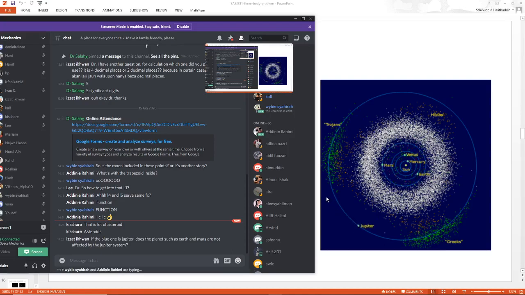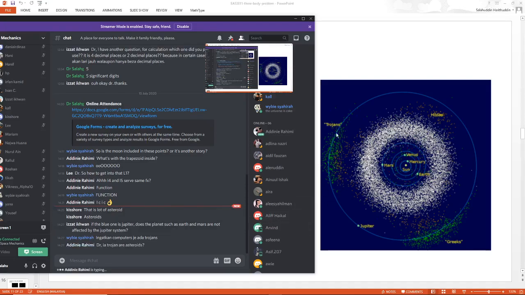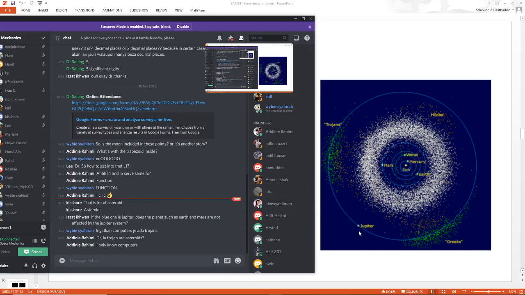When we talk about the two-body problem, we only talk about one planet and one satellite. When we talk about the three-body problem, like I said, we look at only two gravitating masses. So in this case, when we want to look at the phenomenon of Trojan asteroids, we look at the Sun-Jupiter system, and we kind of ignore everything else.